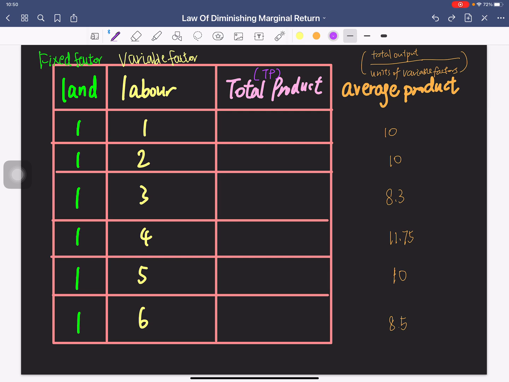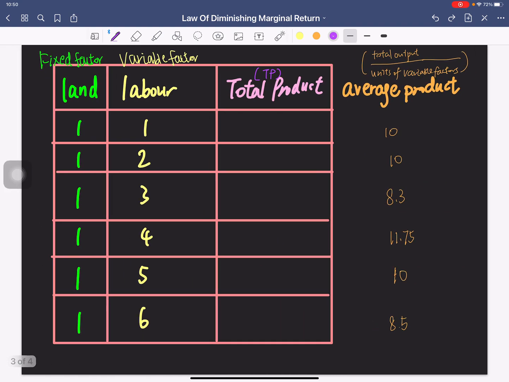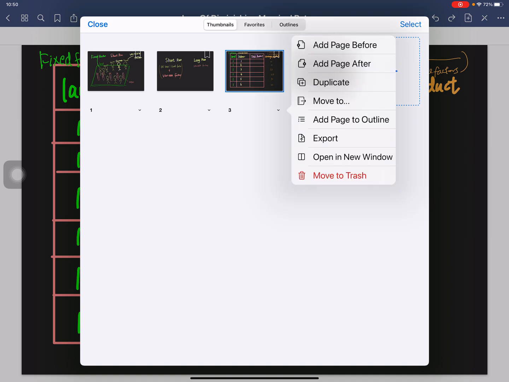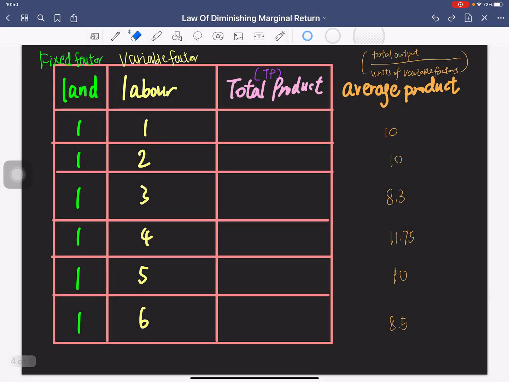Then we just need to rearrange this formula. So let me write here. How can we rearrange it?